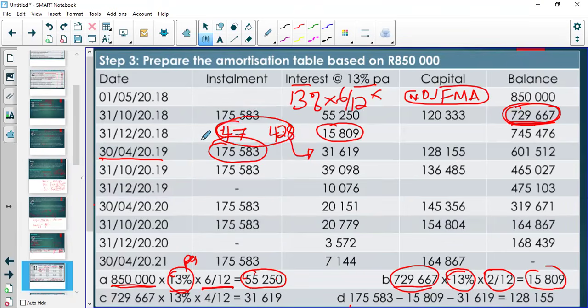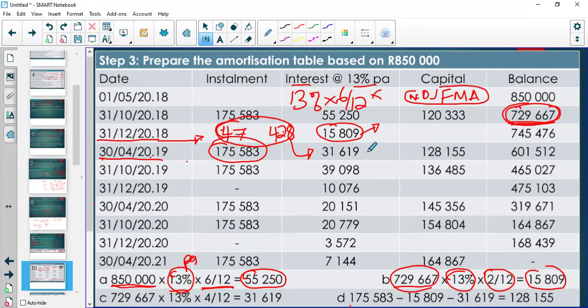Because this is for the whole 6 months. But the other 2 months were part of this reporting year. So we're going to split them into 2 months for the last year, which was reported here, and these 4 months, which will be reported in the 2019 year.